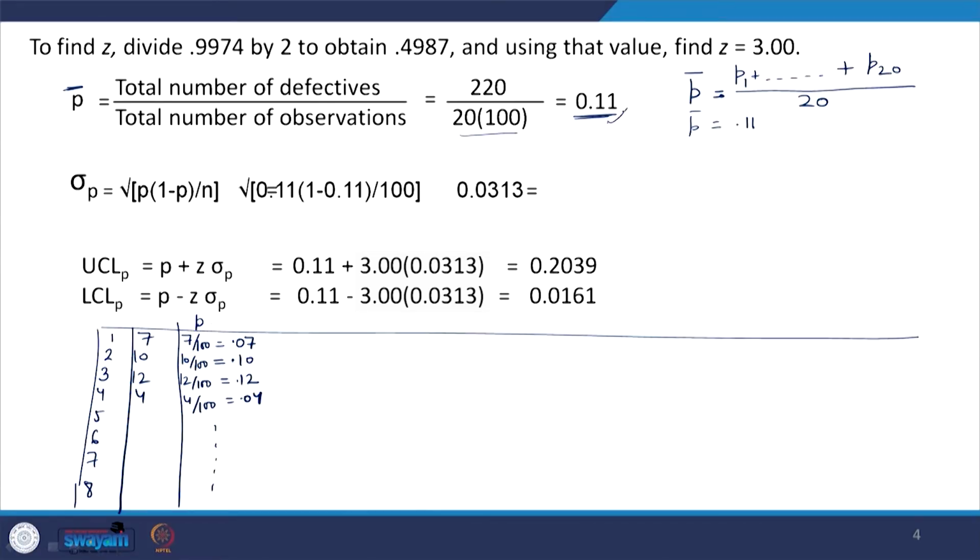Now, once you have developed the formula for p bar and calculated the p bar value, the next step is to determine the standard deviation in p. This is the standard deviation of the p value, sigma p, which is the square root of p into 1 minus p divided by n. It is very important to remember that many times we get confused with this n value.